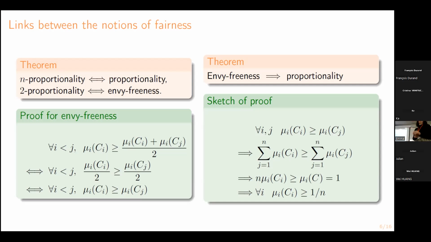Looks like it works. What I think doesn't work is saying that k-proportionality implies k plus 1 proportionality. I think there is no link between any k, but for k equal to 2, you are right, 2-proportionality implies any k-proportionality.